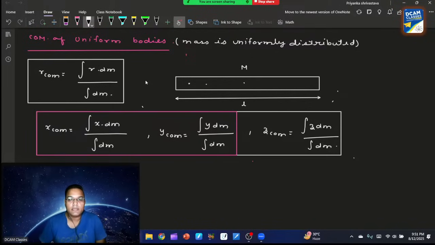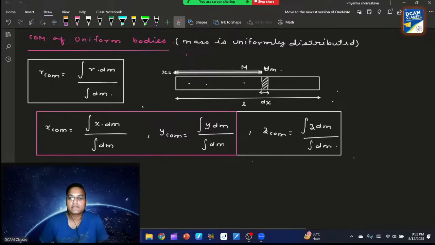In this particular case, to use this formula, we consider an elemental mass of length dx. We call this dm. We assume some point as x equal to 0, and that the element is situated at a distance of x from our assumed origin.